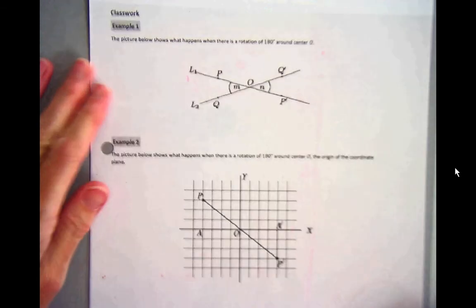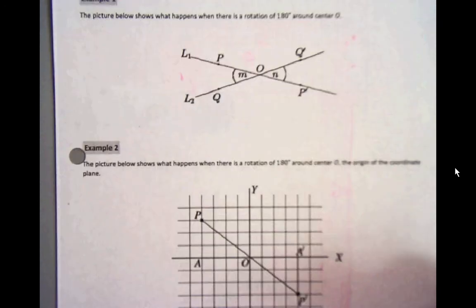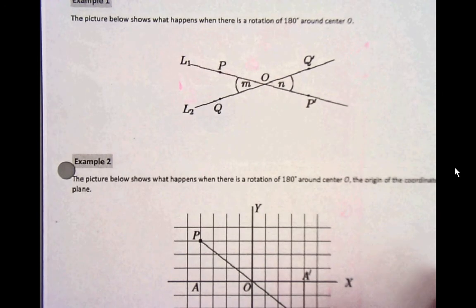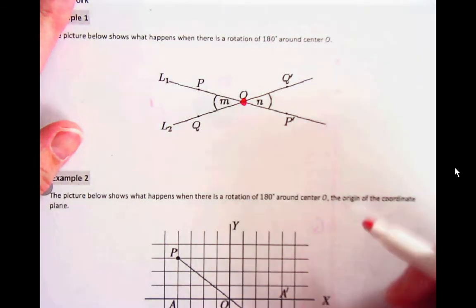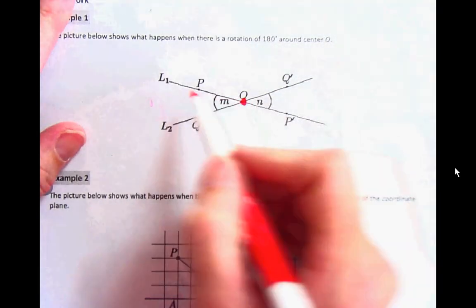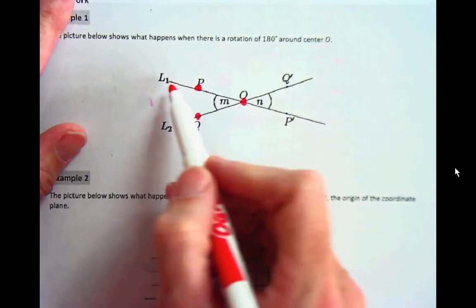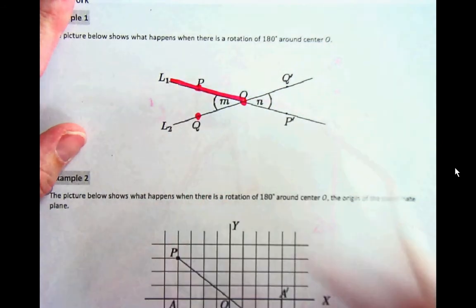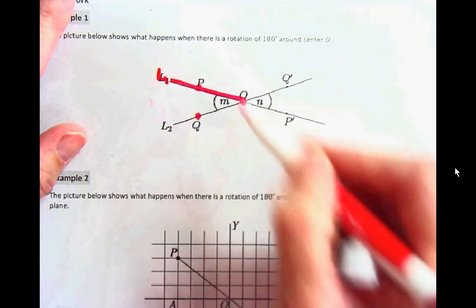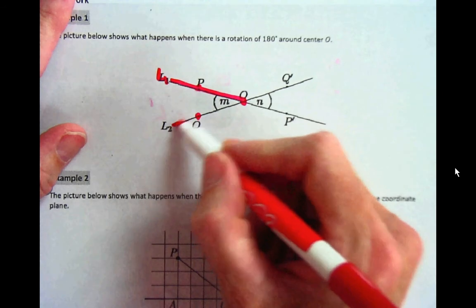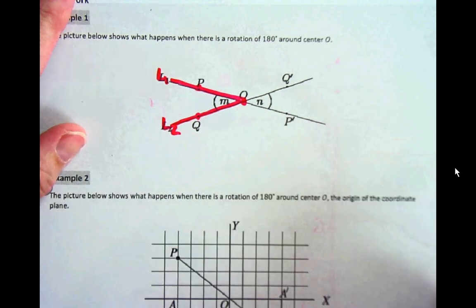So for example 1, we have two lines. If we start at the very beginning and note that our point of rotation is O, and then we have a point P and a point Q that are not O. If we draw a line segment from O to P, that's going to be our L1, and let's say we draw another line segment from O through Q, and that becomes L2.